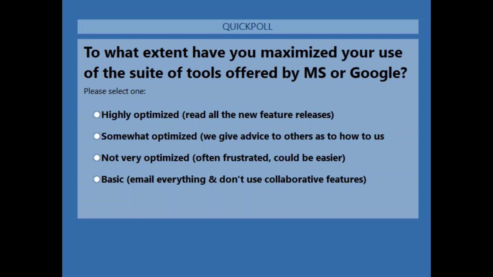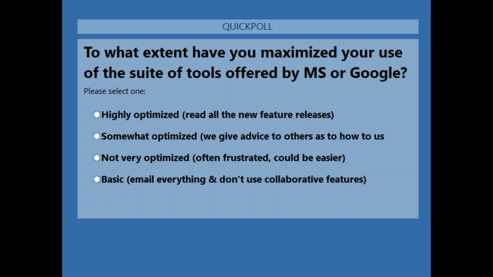So if you want to just go ahead and click on your screen which option works best for you. And no value judgments here at all. It's a rare person who regularly reads all of the feature release notes and really geeks out on how to implement them. But it can be aspirational.